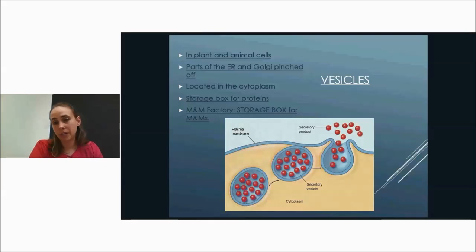Because they're part of the endoplasmic reticulum and Golgi that have pinched off, the membrane is again made of that same phospholipid bilayer. And they're going to be in plant and animal cells, but not in bacteria, because bacteria don't have those complex organelles like the endoplasmic reticulum or the Golgi body.